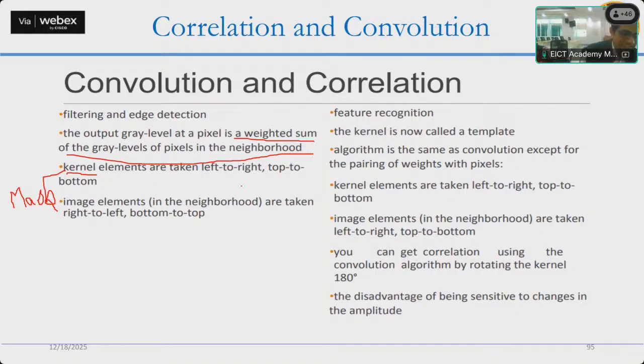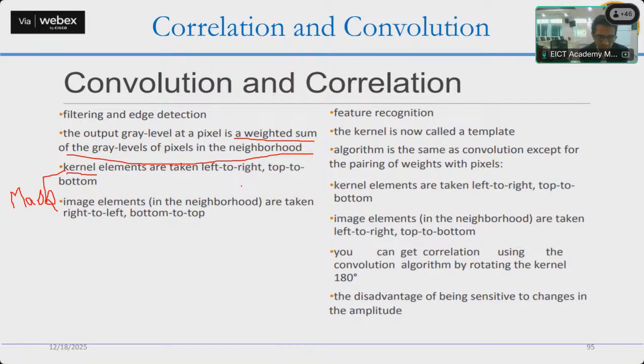They are taken left to right, top to bottom. Since we have taken only one dimension, we have seen it only left to right. If it were two dimensional, we would move from left to right and top to bottom.